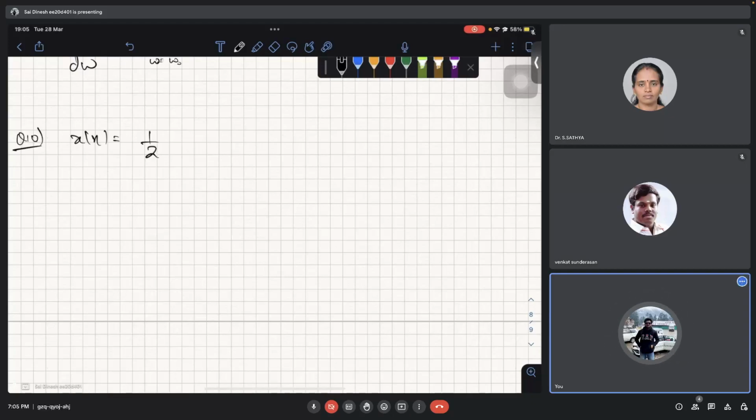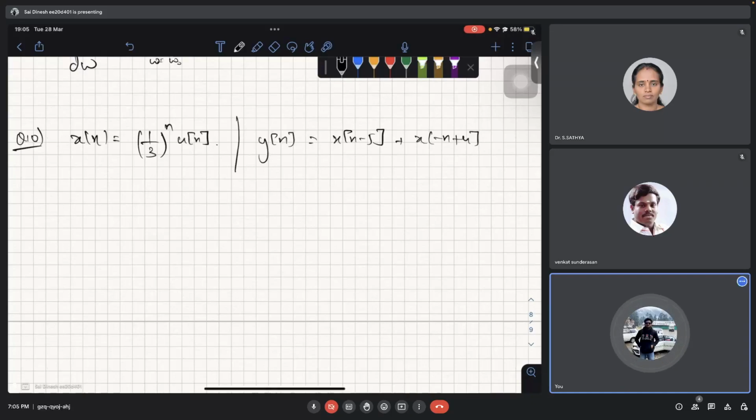Okay, then question 10 is x of n is 1 by 3 power n u of n, and y of n is equal to x of n minus 5 plus x of minus n plus 4, right? So take the z transform, which is z power minus 5 X of z plus the transform of x of minus n minus 4, right?